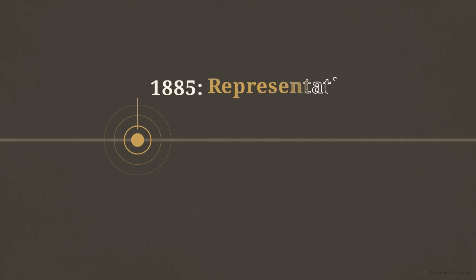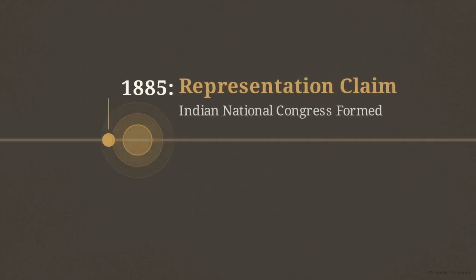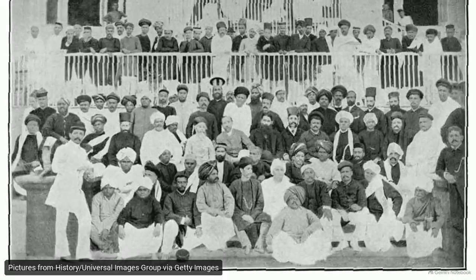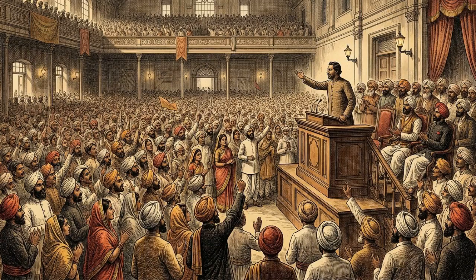A retired British civil servant, A.O. Hume, established the Indian National Congress. The Congress presented a foundational claim. It would act as a neutral, representative political platform for all Indians, regardless of religion or background. However, the mechanics of majoritarianism quickly took over. Hindus joined in overwhelming numbers, and the organization's membership, leadership, and policy agenda began to reflect that majority.